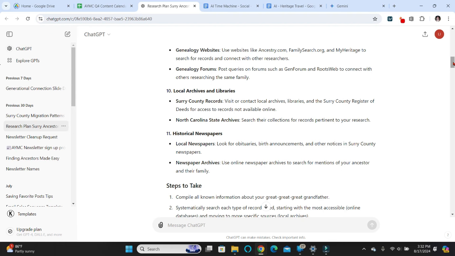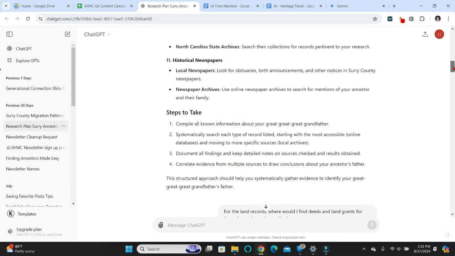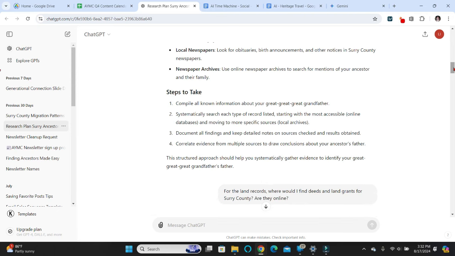So it gives me ideas, but because I have a lot of experience, those of you who are intermediate and have been researching for a while, advanced researchers, you need a little more than that. We've done a lot of the basics and we're stuck, right? So this is where I wanted it to go a little bit deeper.